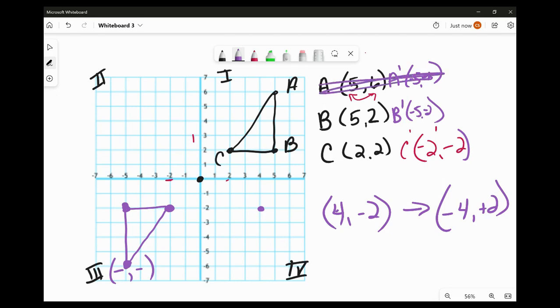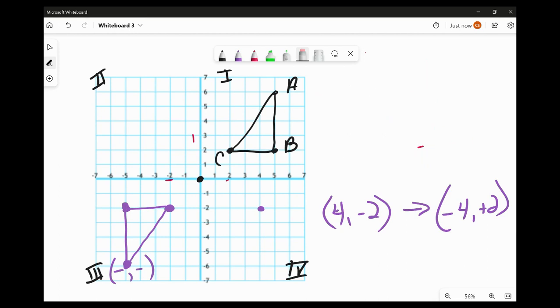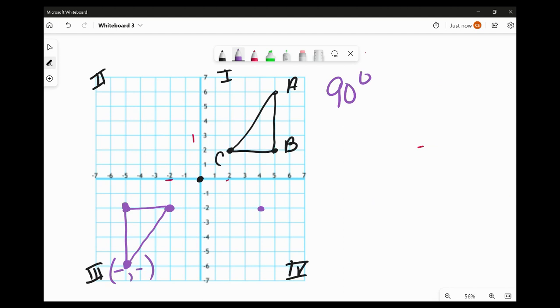Let me just summarize what to do. On a 90-degree rotation, you're going to switch the X and Y coordinates. And then you just go into whatever quadrant it ends in, and that's how you get the signs.